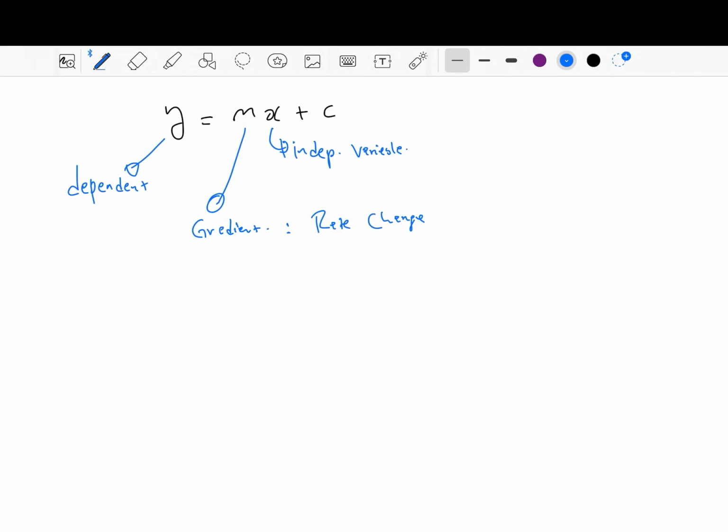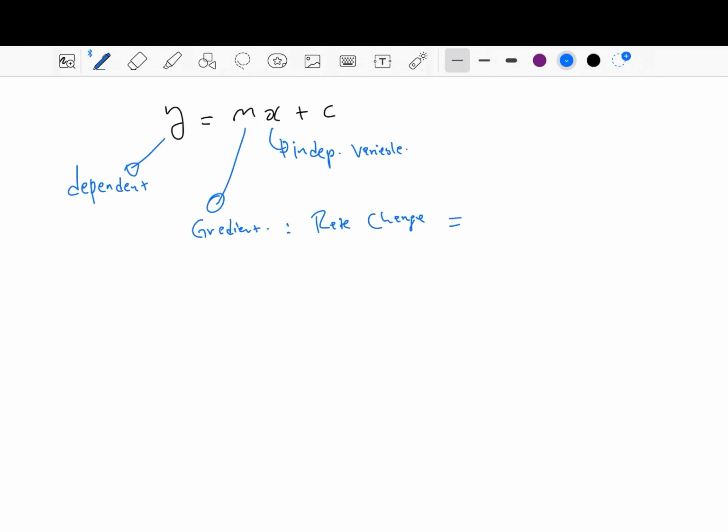So now, what is rate of change? It's just talking about a speed, how fast something changes from point A to point B. So rate of change is how fast the dependent variable changes from the first independent variable to the second independent variable. That's what gradient means.